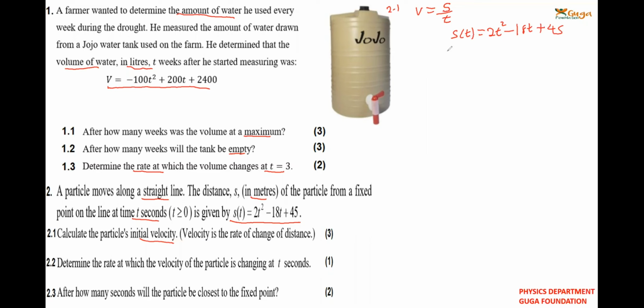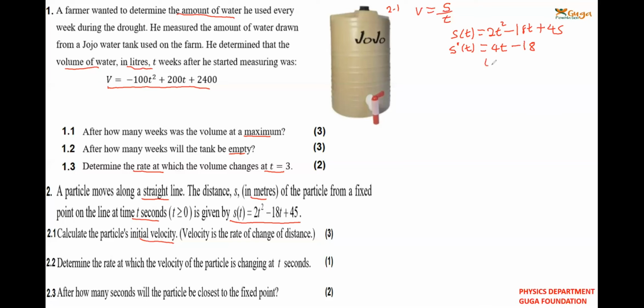So now our rate will be s prime, the velocity s prime of t, which is equals to, power down, 4t minus 18, right? And then we know that initially our time is equal to 0.